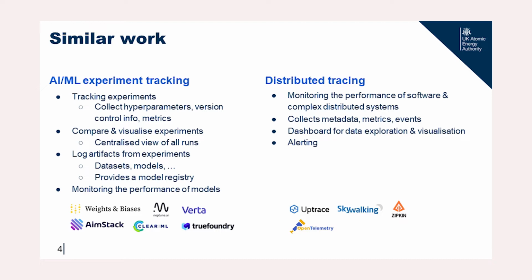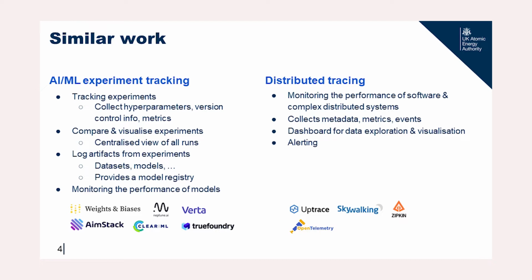A lot of these are commercial, but there are also some open source ones. And then there are also distributed tracing platforms. These are used to monitor the performance of distributed systems. For example, if you've got a website or UI, a REST API with databases and queues and different processing taking place, and you've got a latency problem or things not working, you can use distributed tracing to understand the flow of data through the system and understand what's happening.